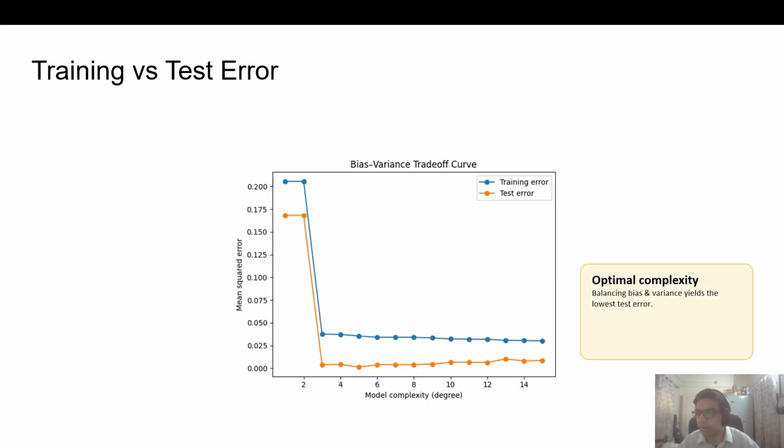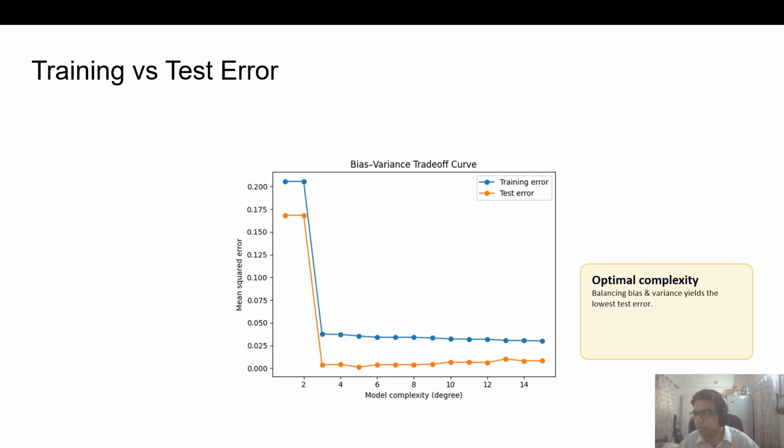And finally, we can move to discussing the training versus test error curve. So the diagram clearly shows training and test errors versus model complexity.